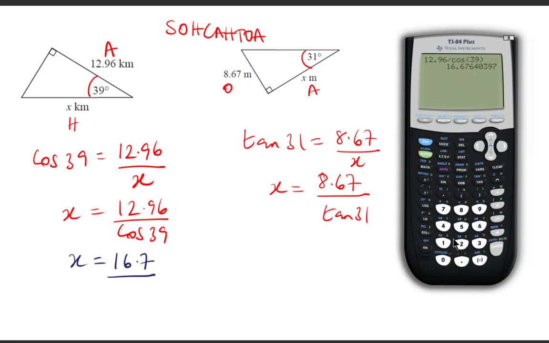So we're doing it on the calculator. So 14.4.